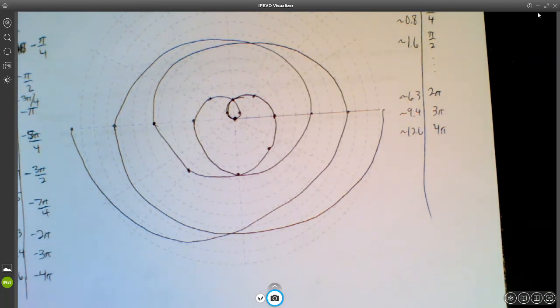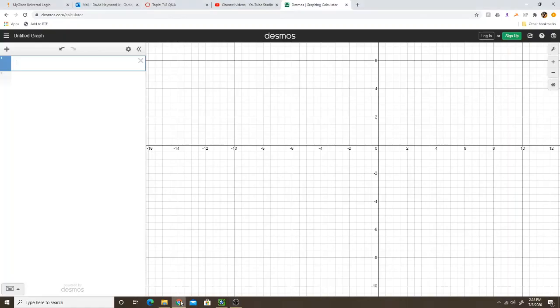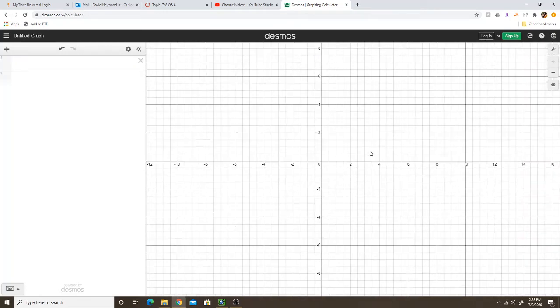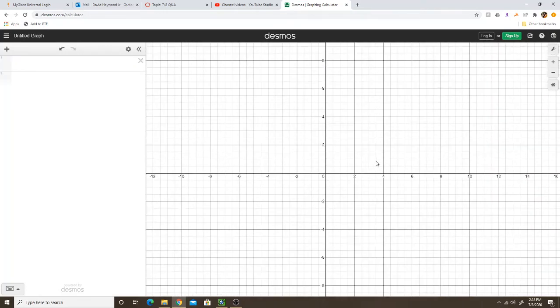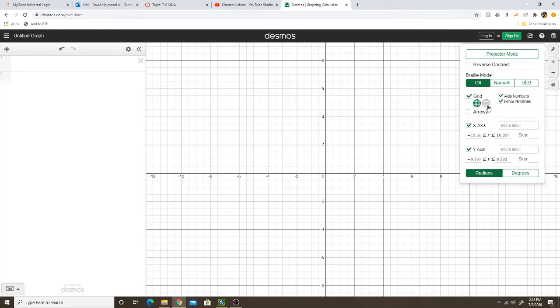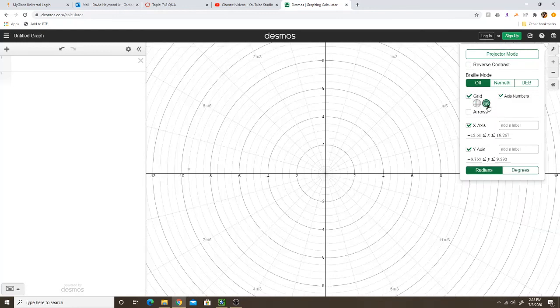I want to take you to Desmos and just show you a couple of these graphs. So first of all, let me show you how to get to polar equations in Desmos. The default setting in Desmos is to open up into a rectangular coordinate system like this. If you want to make it polar, then click on this little wrench and then make it polar.